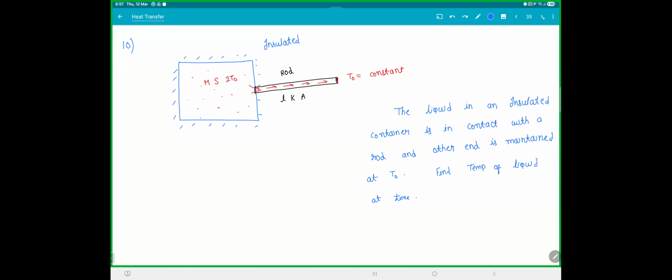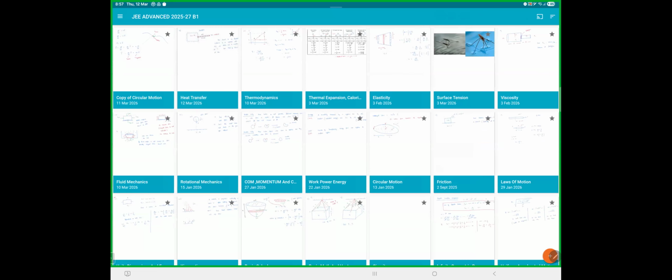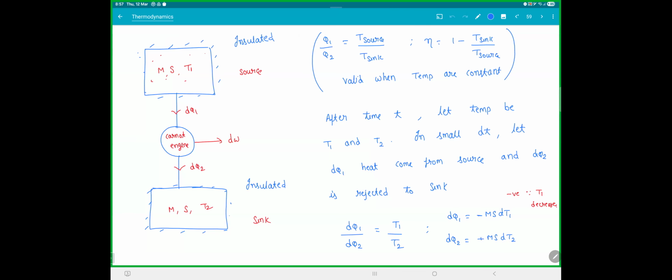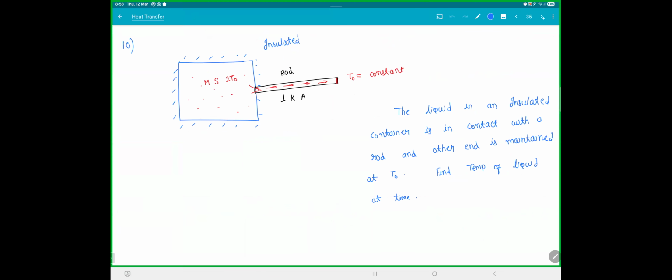Anyone remember? Thermodynamics. Remember this question? Heat engines. Heat is flowing from one container to another container. Similar idea though. Let's see. Try.